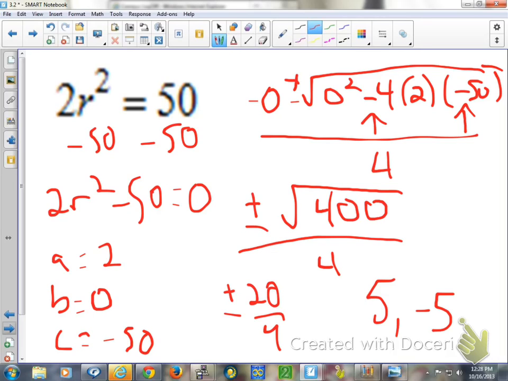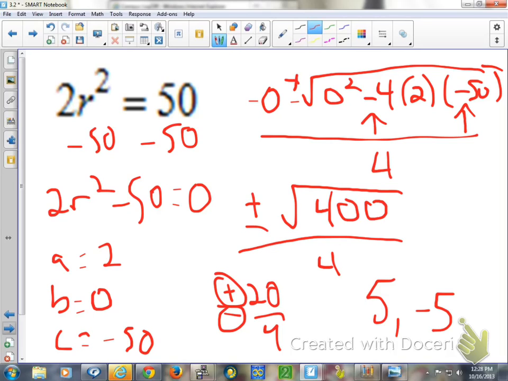Where'd you get both? Because it's positive 20 and negative 20. All of these will render you two answers coming from that plus and minus. Questions? So is that a negative 4? No, it's positive.